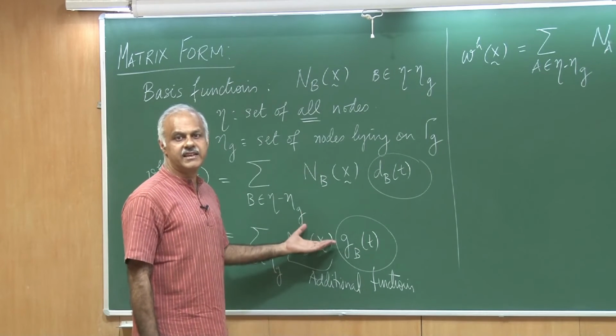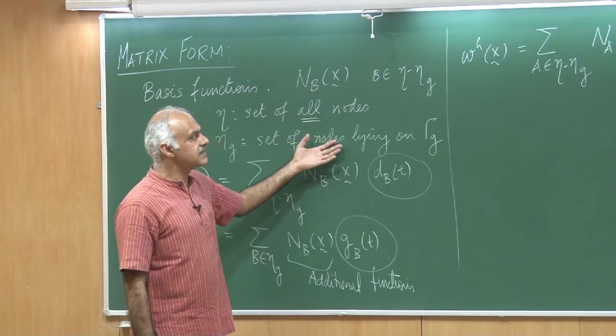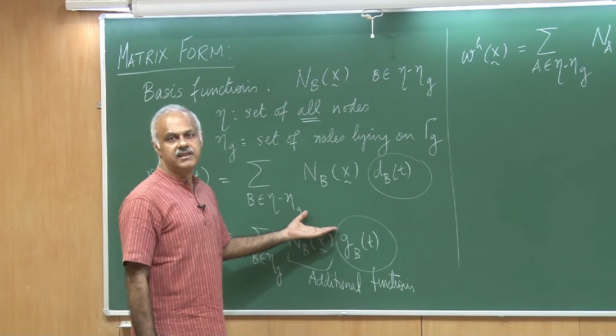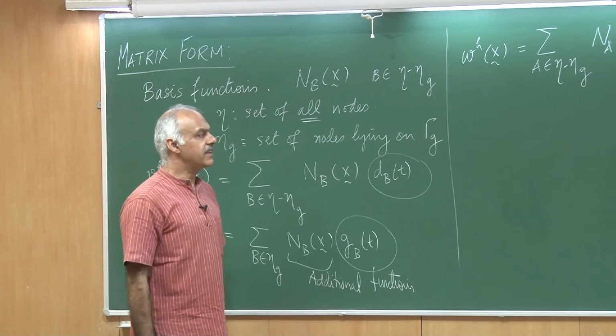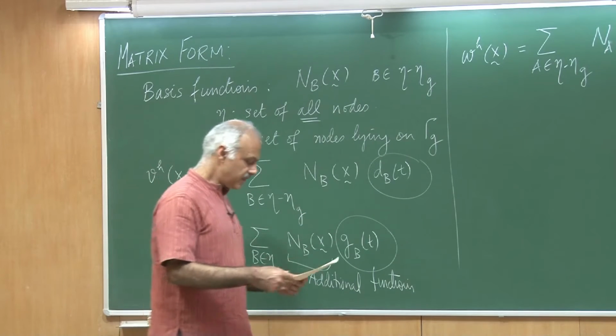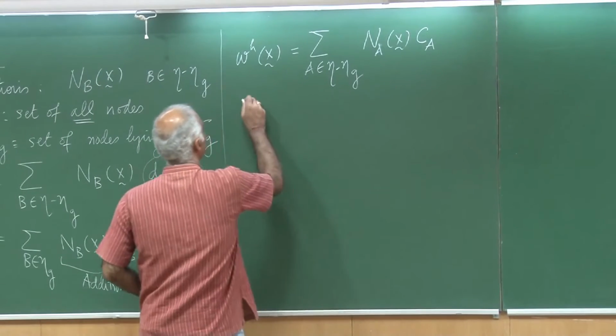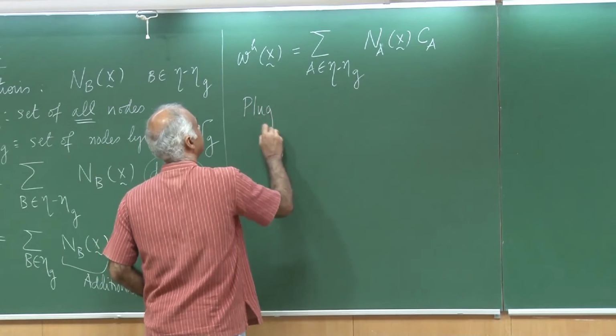So, we take the Galerkin form and we plug this kind of a definition into the Galerkin form and then work out all the terms. I am going to skip all that, and so we will just summarize the following.